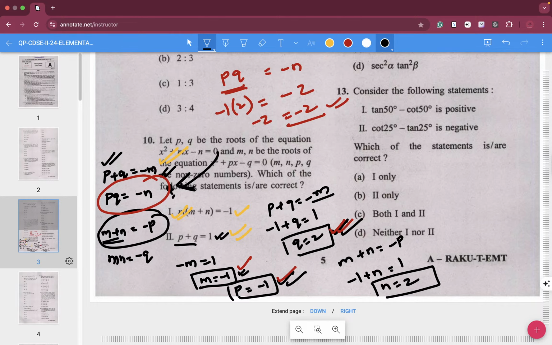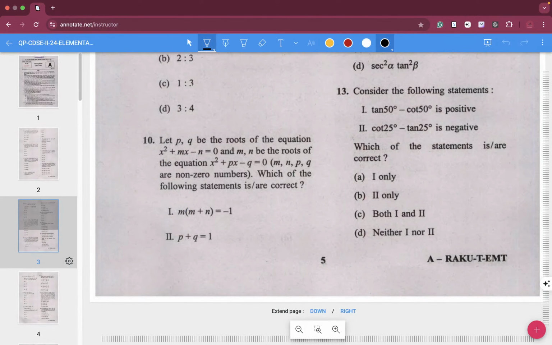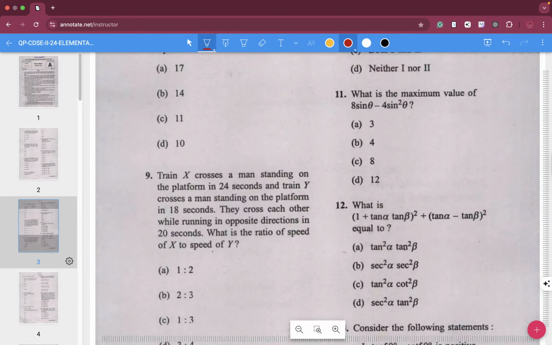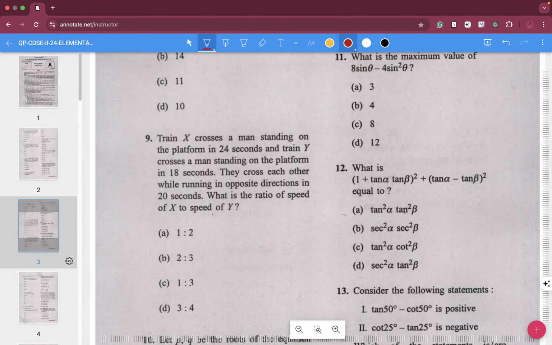What it means is that both option A and B are correct answers, folks. So for question number 10, the correct answer will be C.